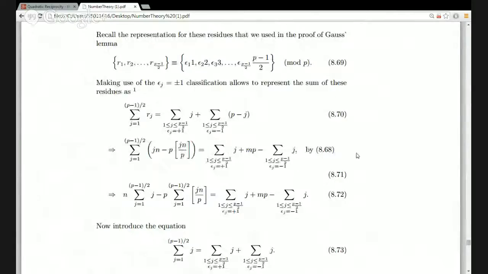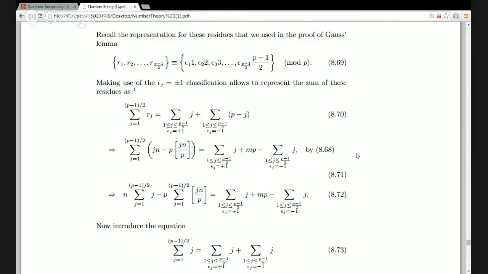Now, you'll have to remember from the proof of Gauss's result, in the proof of this result for the Legendre symbol, n modulo p being minus 1 to the m, we reach that by looking at all these standard residues and replacing them by the standard residues 1 up to p minus 1 over 2 with a plus or minus sign in front of it as appropriate.